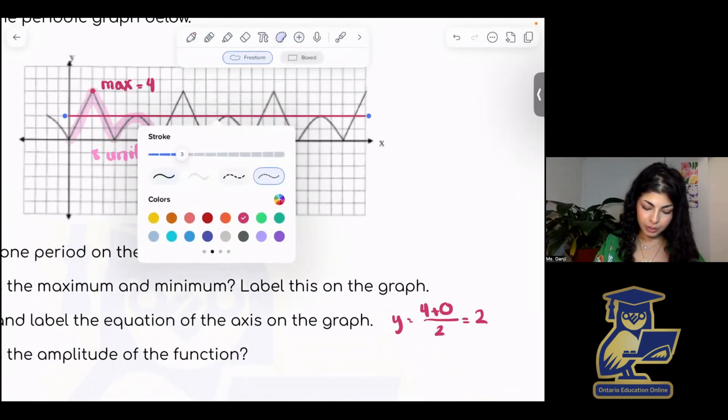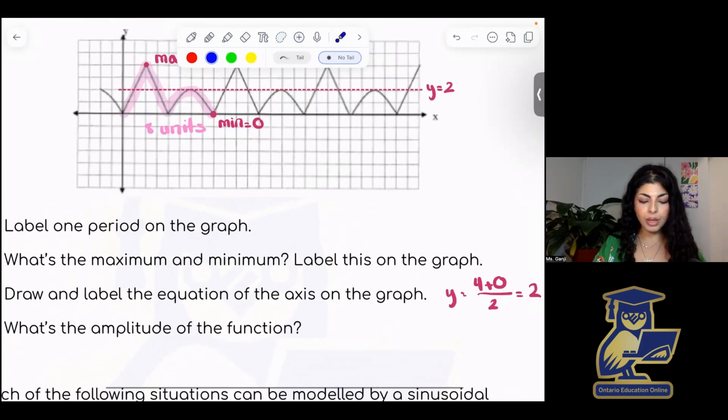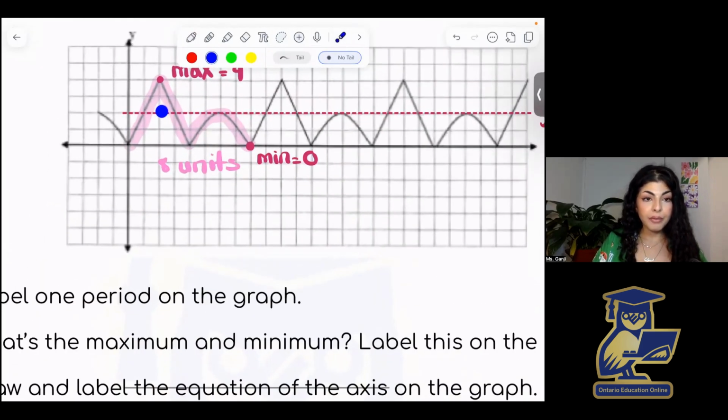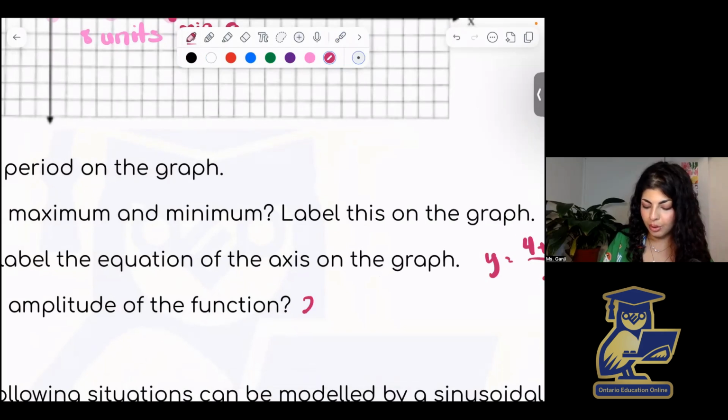And typically we do this with a dashed line as such. And I can label this as y is equal to 2. And now, what is the amplitude? The amplitude will be from this line either to the maximum, so this is a distance of 2, or from here to the minimum, which is also 2. So amplitude is 2 units in this case.